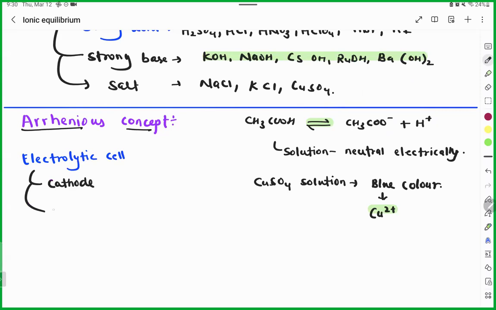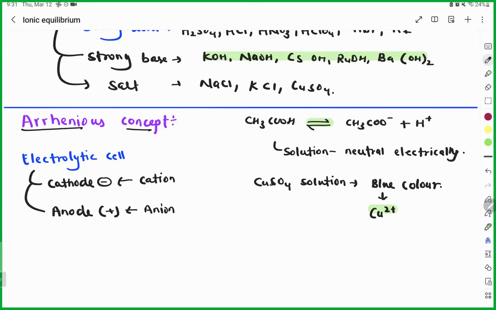Anode is positive, cathode is negative, right? Yes. If we see in this situation, cation which is positive will move toward the cathode and anion will move toward the anode. Make sense?